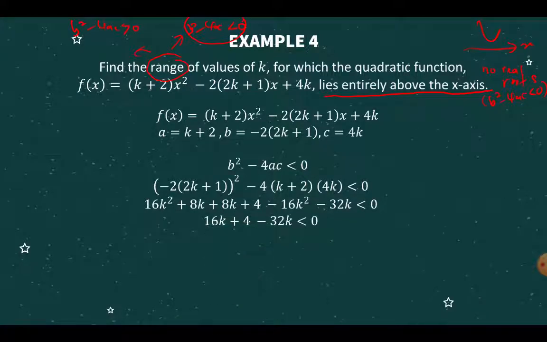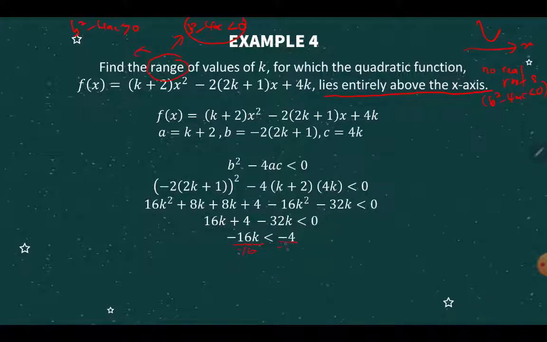So we will have negative 16k less than negative 4. Remember, when we talk about a negative coefficient, we need to divide by negative 16.